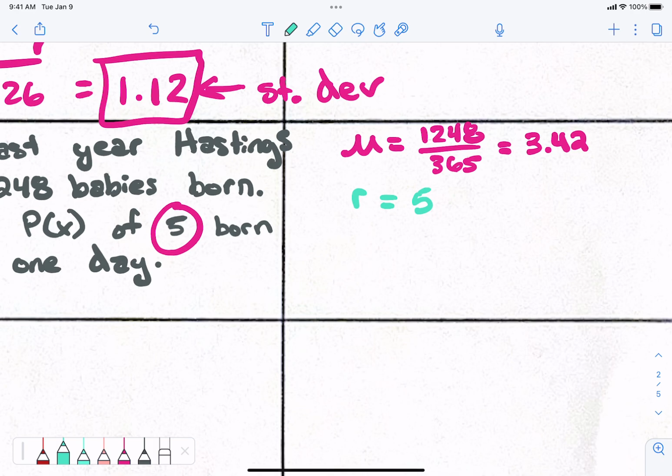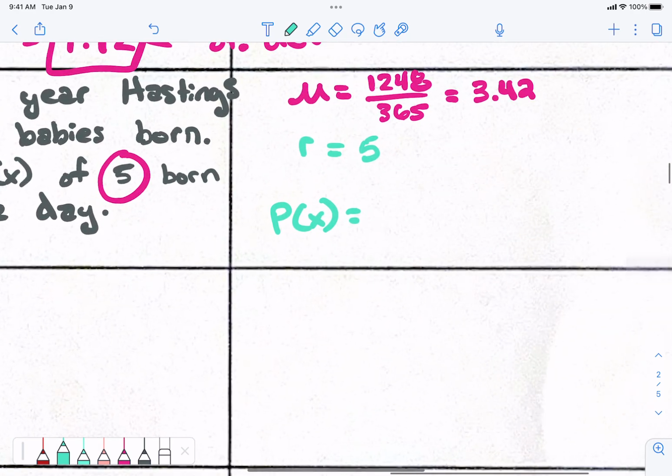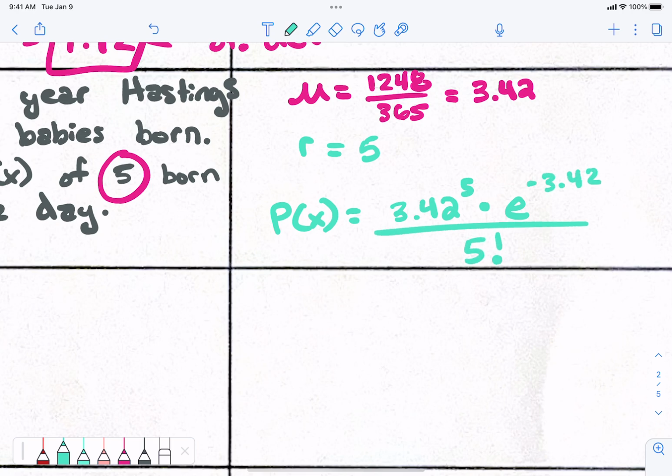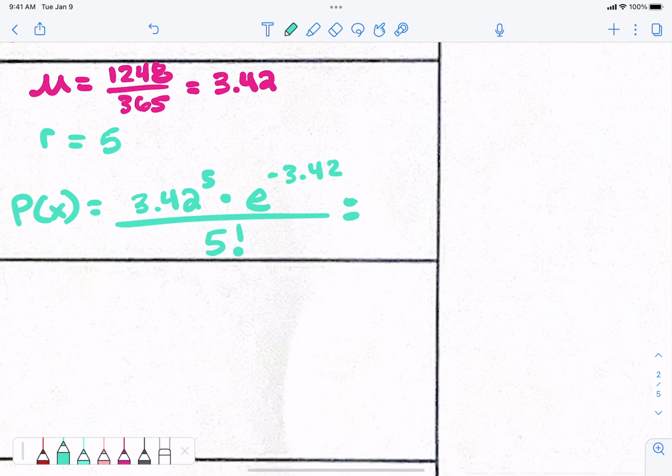Okay, R is 5, so let's plop into the formula. P of X equals mu, 3.42, to the 5th, times e to the negative 3.42, all over 5 factorial. I would strongly suggest finding a calculator and plugging that in so that you can get an answer.